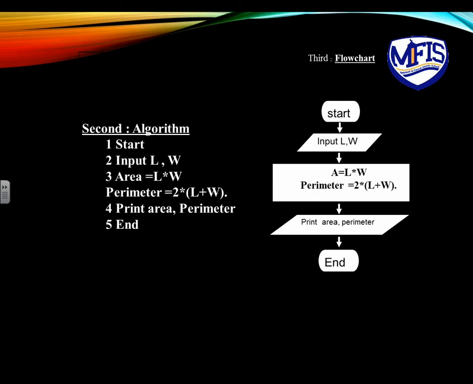The second is algorithm and flowchart, where we write the algorithm according to ordered steps and draw the flowchart. A flowchart uses standard graphical symbols. Each symbol represents a specific meaning.